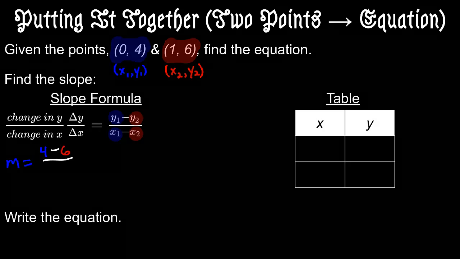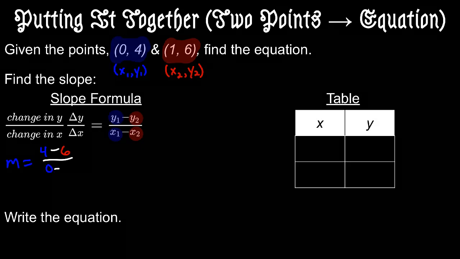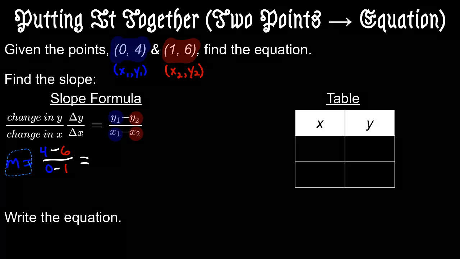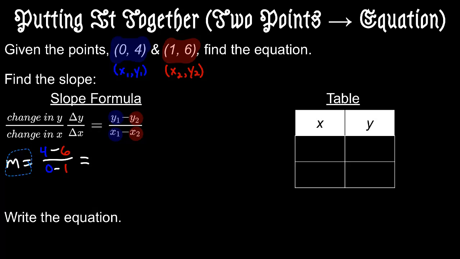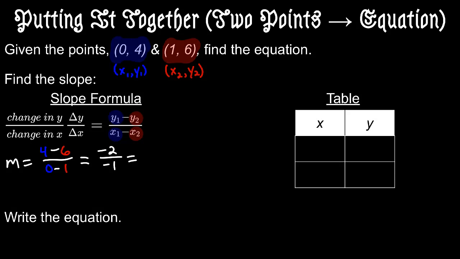That's in the numerator. In the denominator, we're going to take our x1, 0, and subtract from that our x2, 1. So when we do that, I want to change the colors on these because those are not related to the first point. They're just part of the equation. Sorry about that. 4 minus 6 is negative 2. 0 minus 1 is negative 1. Negative 2 divided by negative 1 is positive 2.